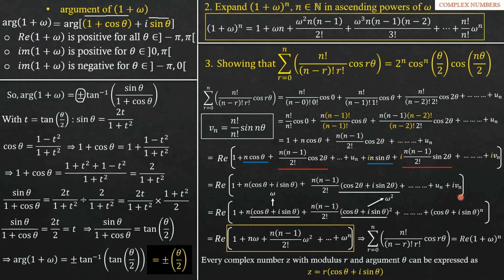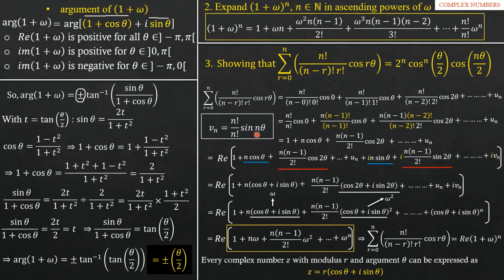Okay, now we are going to apply De Moivre's theorem. So I'm just going to rewrite the first two terms. Now De Moivre's theorem is saying that cos 2 theta plus i sin 2 theta can be written as cos theta plus i sin theta all squared, meaning you take the 2 away from the theta and raise everything to the power 2, right up till my u of n is cos n theta, my v of n is sin n theta, right?